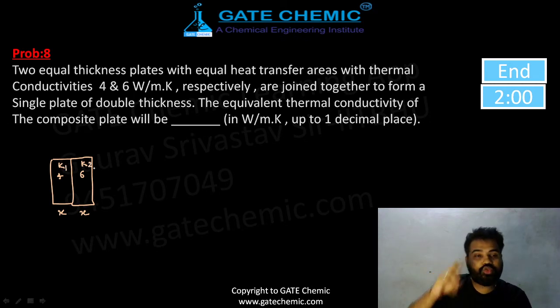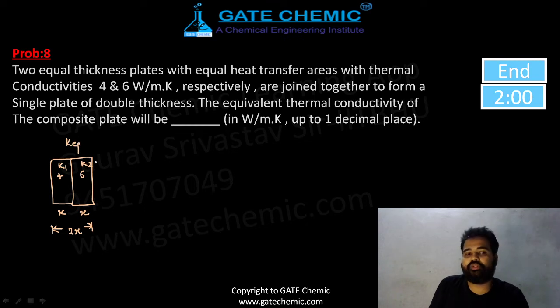They are joined together to form a single plate of double thickness. After joining I will get a plate of double thickness. He wants to know the equivalent thermal conductivity, K equivalent, for this composite plate in the same SI unit, watt per meter per Kelvin.